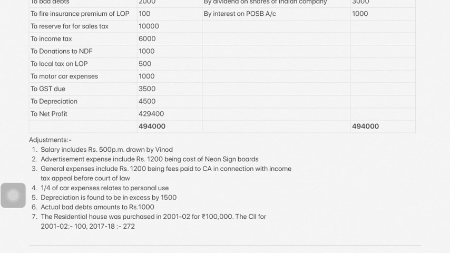The 1200 paid to CA in connection with income tax belongs to the business only, so this 1200 is allowed.